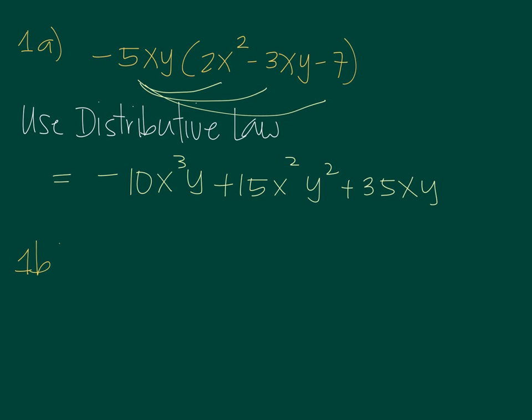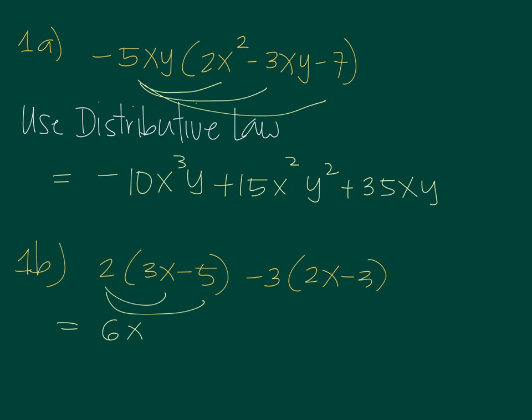In letter B, we have 2 times 3x minus 5, and then minus 3 times 2x minus 3. Simply distribute. This will be equal to 6x minus 10 minus 6x and then plus 9.